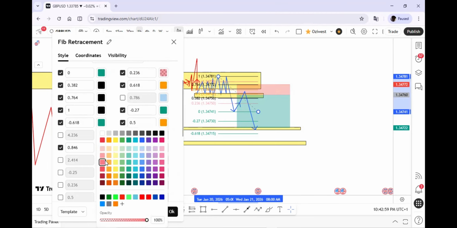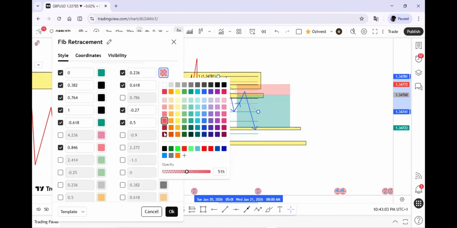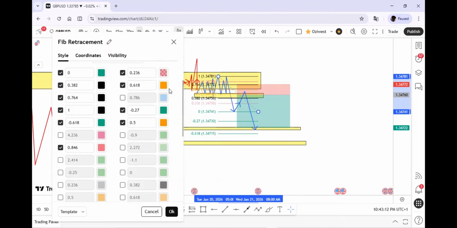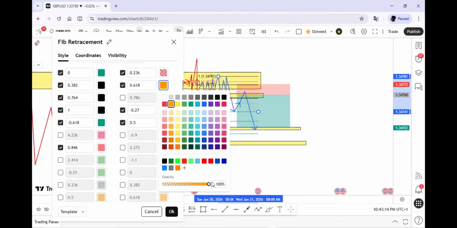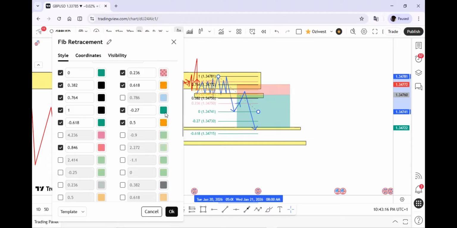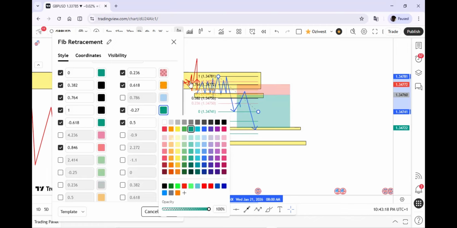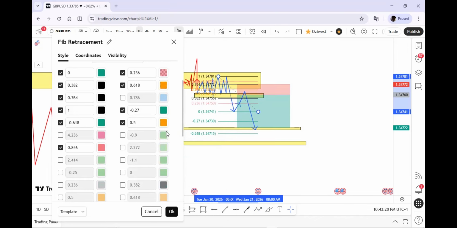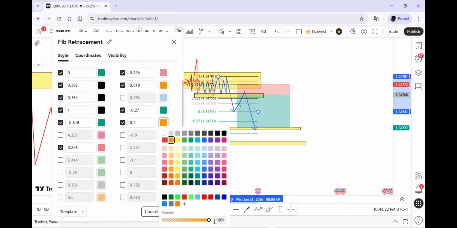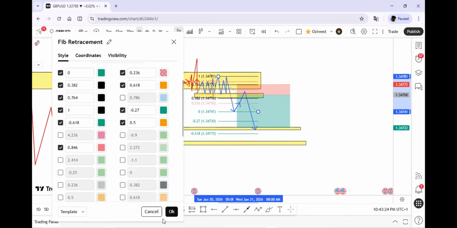This is the one I choose for this one. That's it right there. And focus on the percentage also, the opacity. This is the golden zone, 100%. So that's the setting right there.